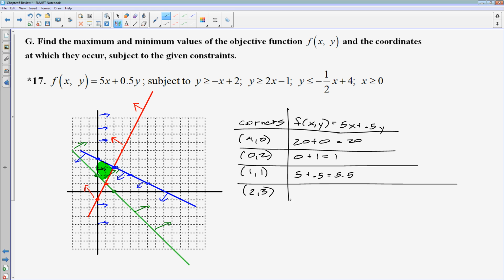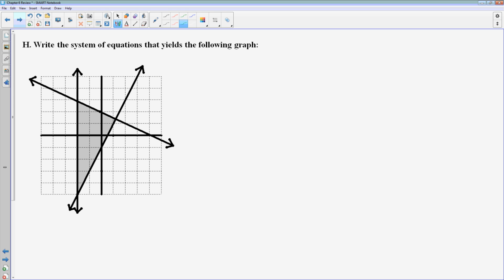And then plug in 2. 5 times 2 is 10 plus 0.5 times 3 is 1.5. That gives me 11.5. And then my maximum occurs right here. And my minimum is 1. Good.